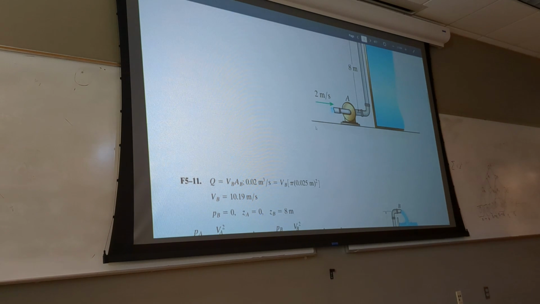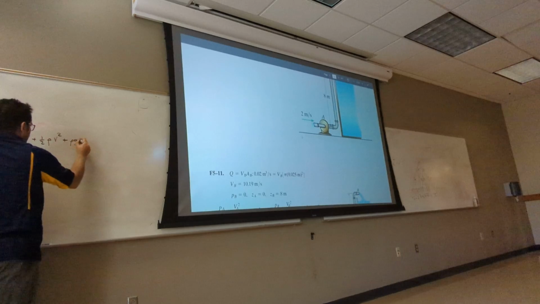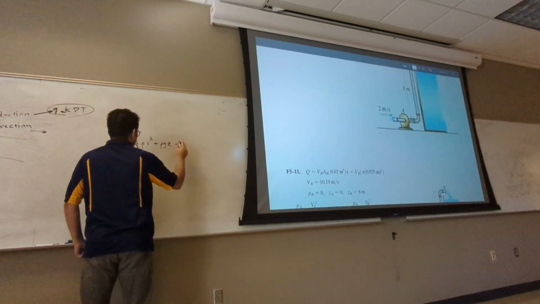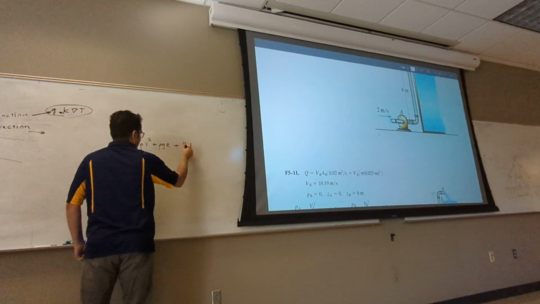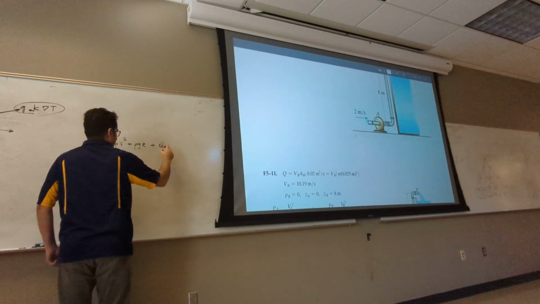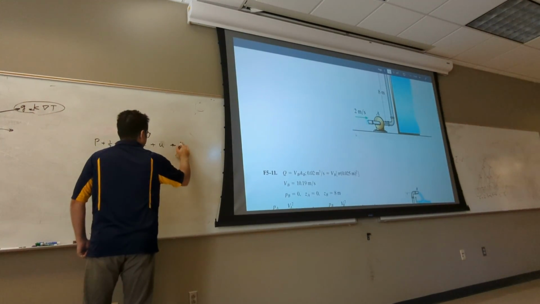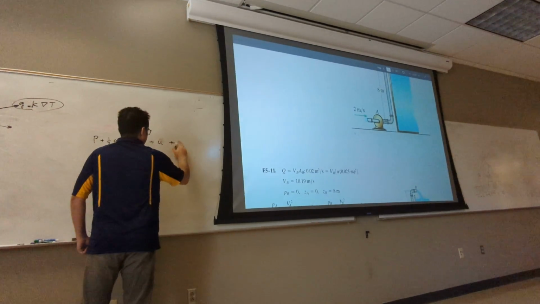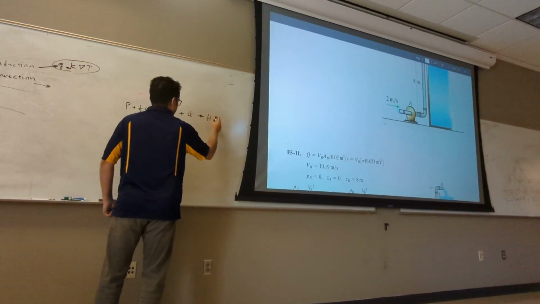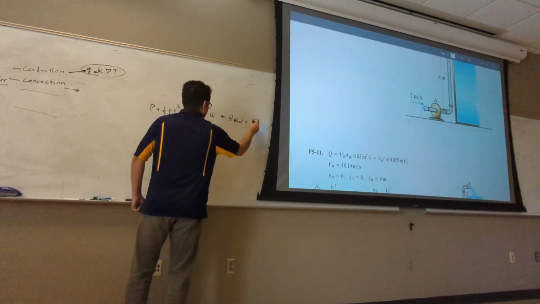In the energy equation, we had P plus half rho V squared plus rho g Z, and then there was a term U, internal energy, plus some other heads, in meters. That was constant, right?